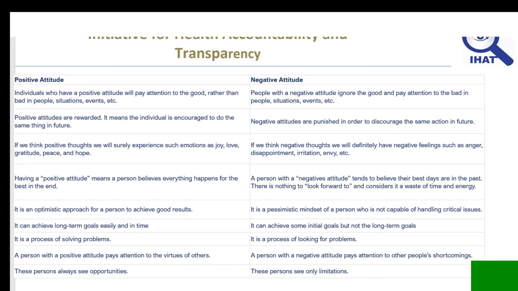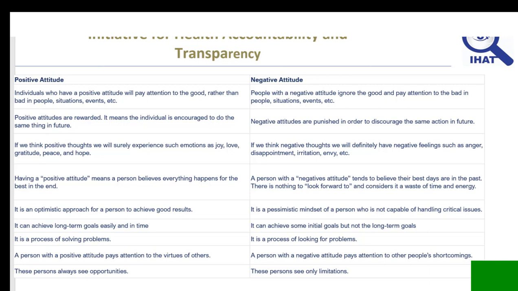There are positive attitudes and negative attitudes on your right and on your left, and the differences between them are clearly described.